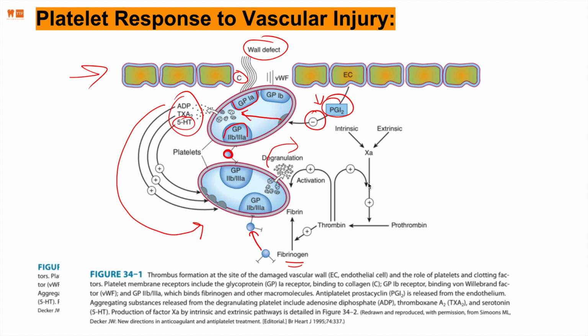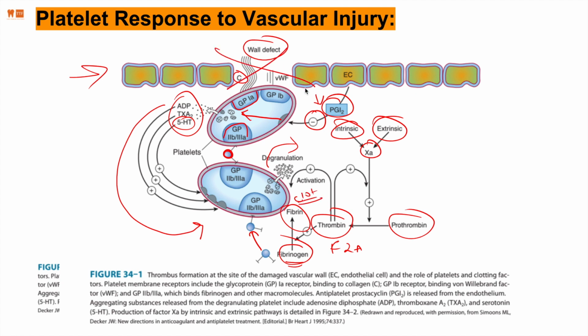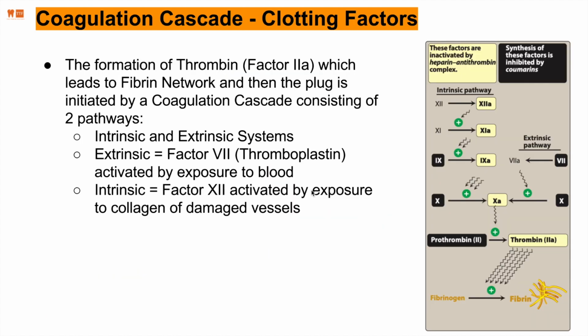Fair enough? And then, of course, we have an intrinsic and an extrinsic manner that affects a clotting factor. Clotting factor then turns prothrombin into thrombin. Thrombin, which is factor 2A, turns fibrinogen into fibrin. And of course, it creates a clot at this region here. That is the full story, you guys.